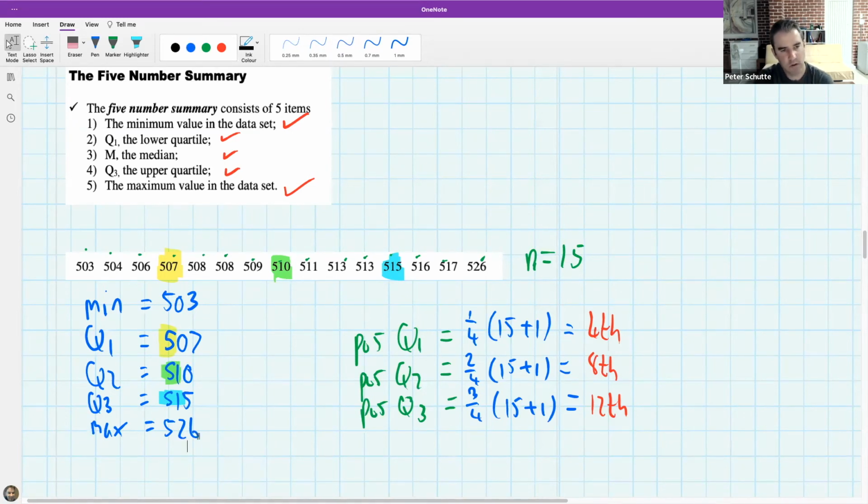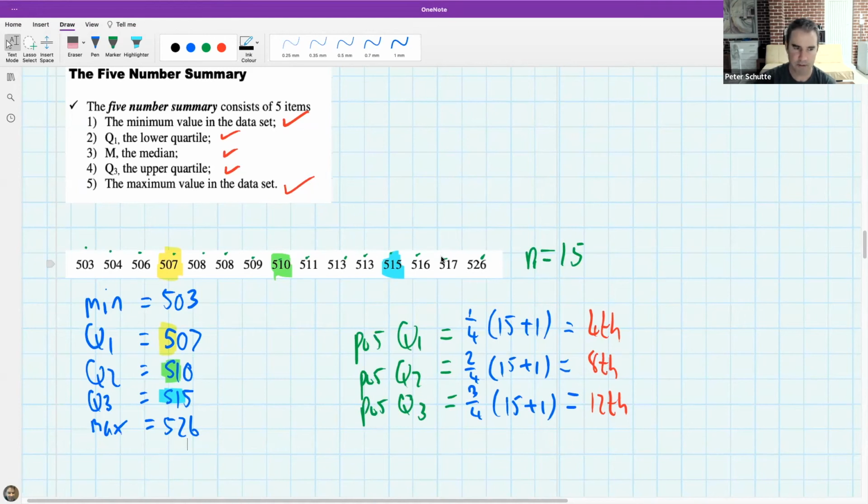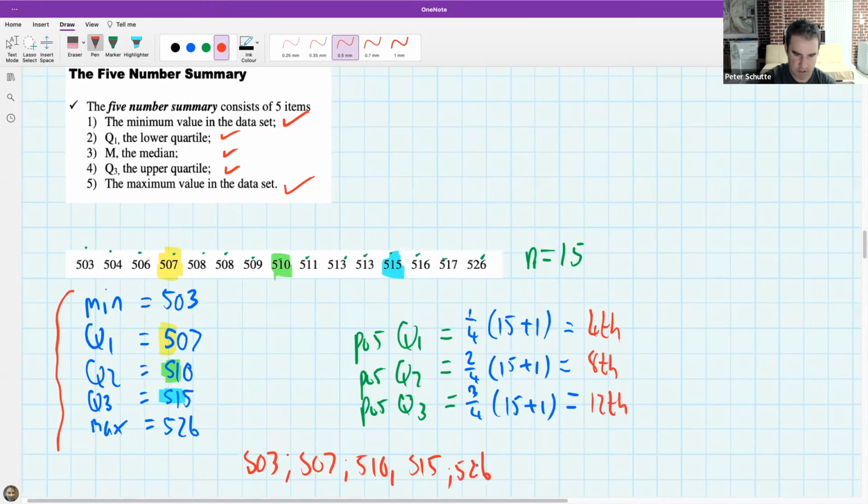Okay, so good news is finding the 5-number summary isn't horrendously difficult. They do sometimes present in different ways. So sometimes they write it like this. Sometimes they just give it to you like this, where they go 503, 507, and 515, 526.